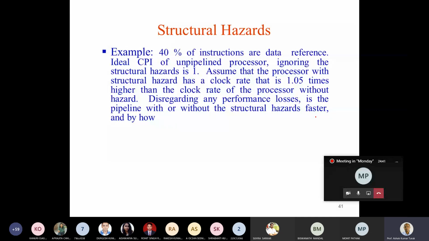The ideal CPI is 1, assuming that the processor with the structural hazard has a clock rate that is 1.05 times higher than the clock rate of the processor without the hazard. So we now have two processors, one of which has a clock rate 1.05 times higher than the other.